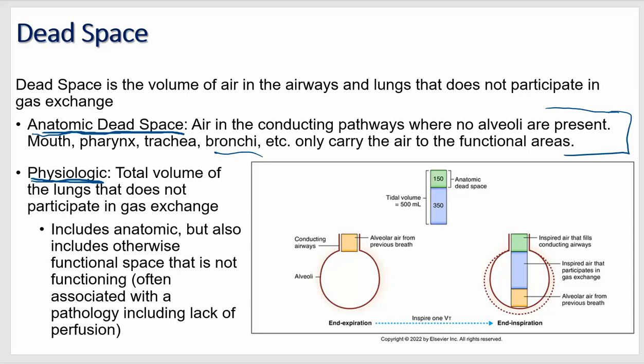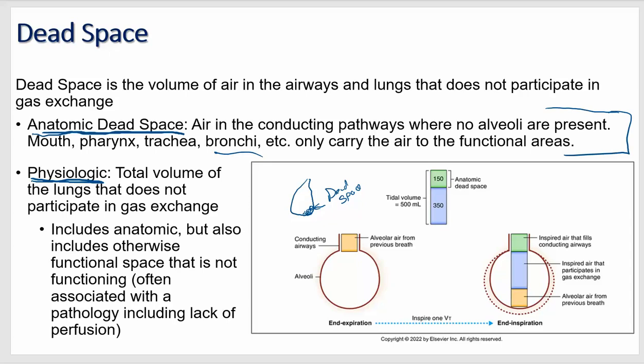So if we have our lungs, and down here let's say there's some lung damage. This is dead space. Even though the lung normally would have the capacity for exchange, it doesn't in this case. So we call that physiologic dead space.